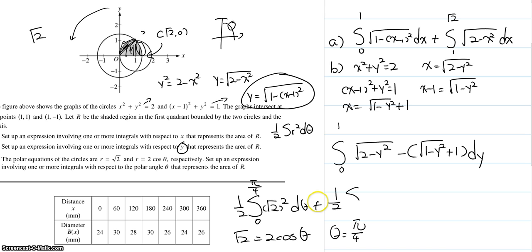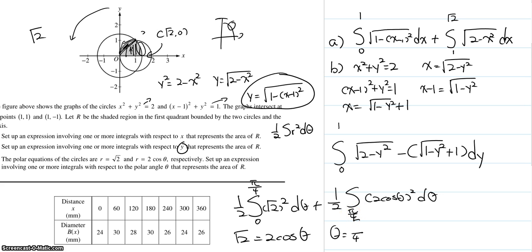We know it's going to be the integral of 2 cosine theta, squared, d theta. But what is the limit of integration? It starts right here, where the theta angle is the same as the ending point of the first one. So the starting point will be pi over 4.